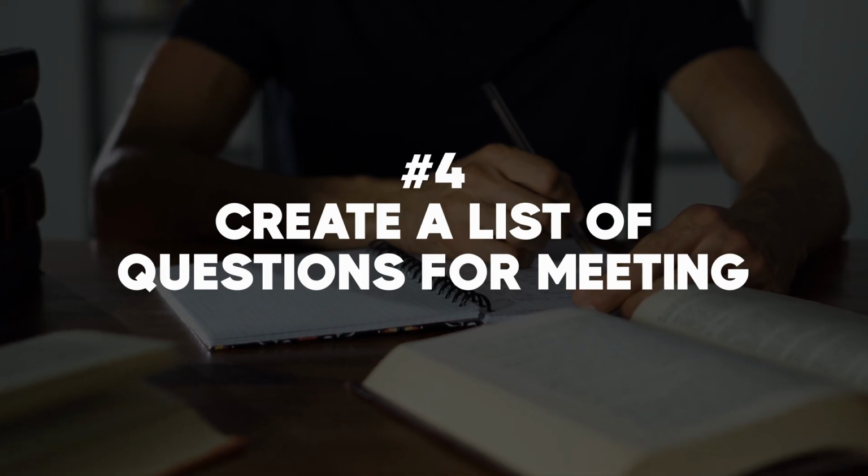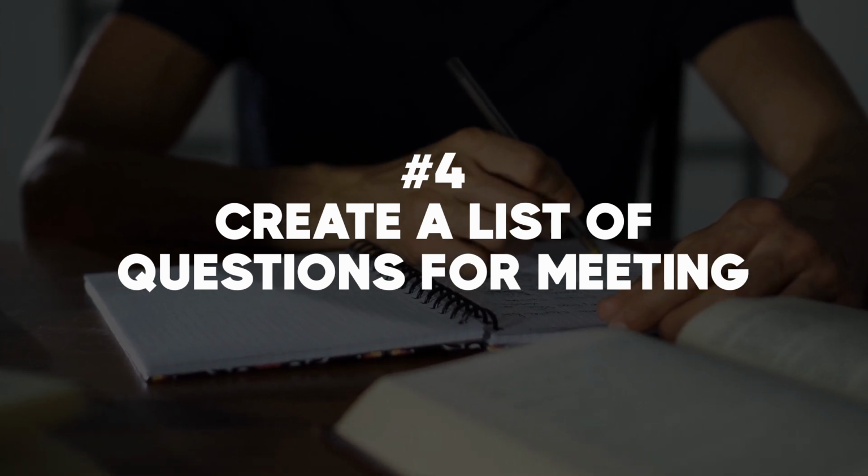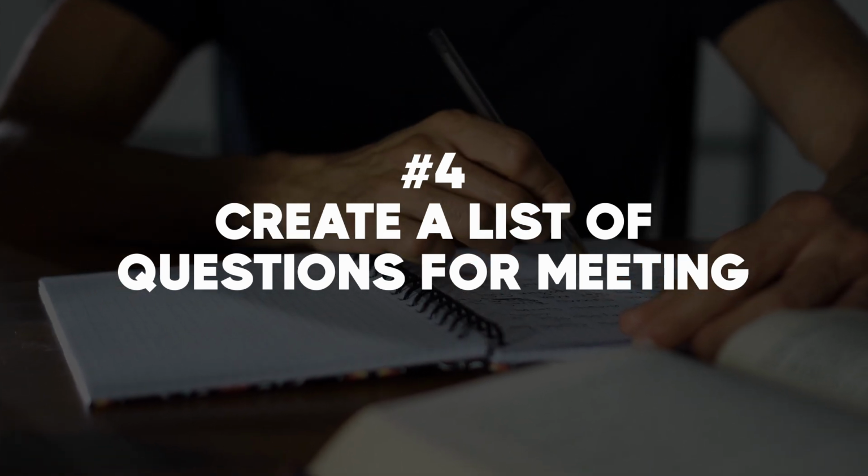Number four, set up a list of questions that you would ask under each item to be able to get the intended results out of this meeting. There's a mentor of mine called Brandon Dawson that says that the quality of your questions will determine the quality of your results.